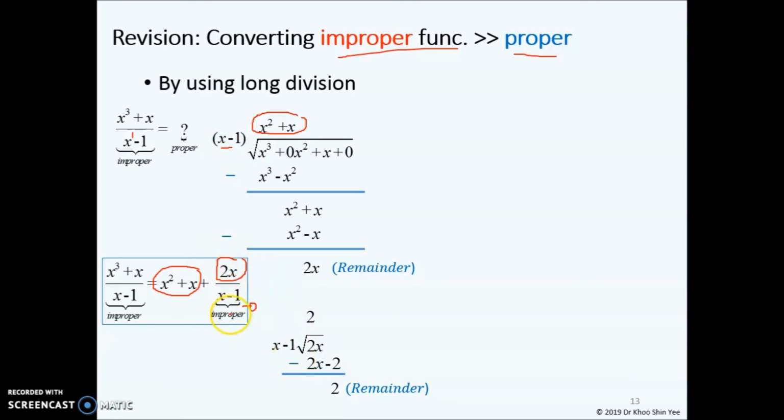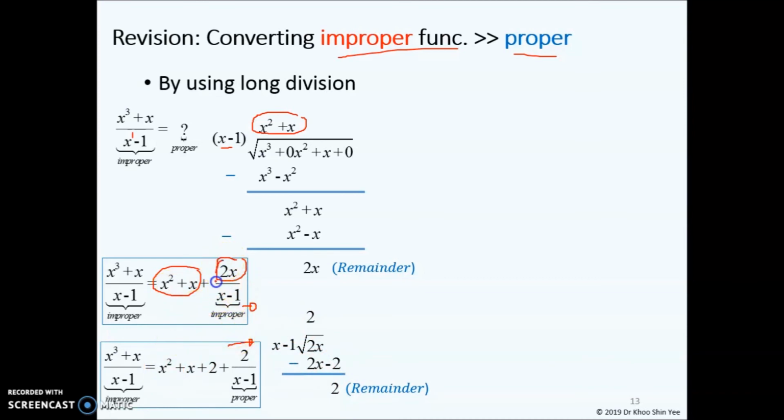So you check again. If this one is still improper, then you should further continue the long division to solve it, and you get the remainder, and then you rewrite the equation.